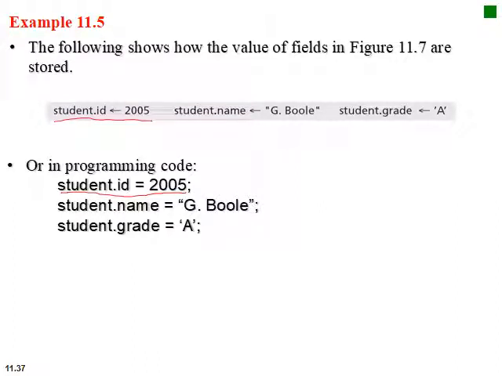Similarly, student.name equals "g.bool", and again remember for the string type we have the double quotes, and student.grade equals 'A', which will assign A to the student.grade field, and again remember that we assume this is a character type, so therefore we use single quotes.